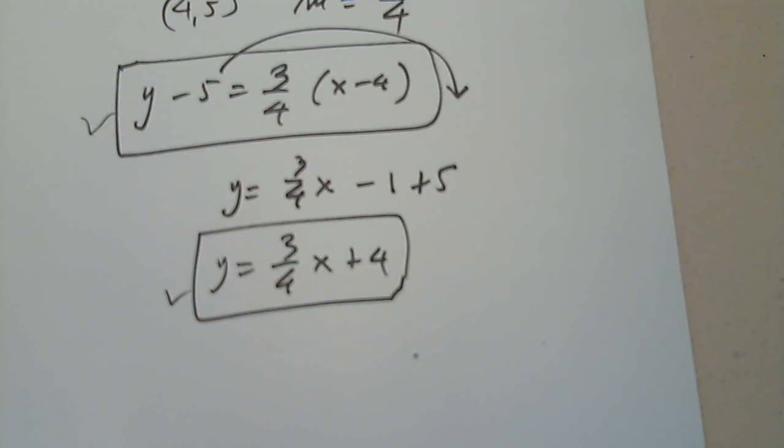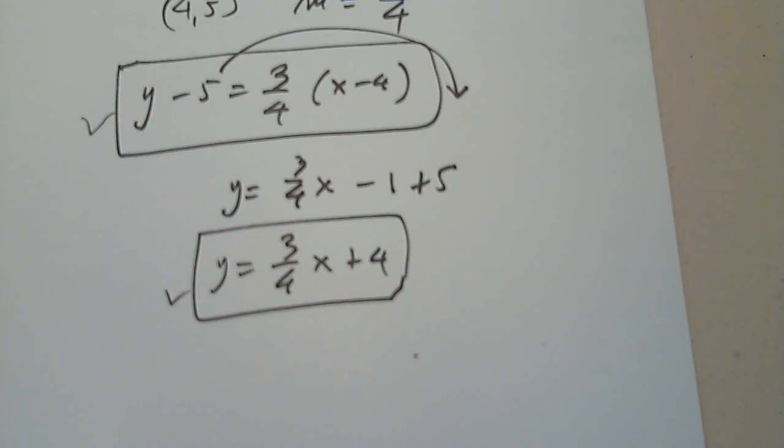I see 4, let me see, 1, 2, 3, 4. I see 4 over 2 with negative. So I see negative 2. So the slope is negative 2. It's 4 divided by 2, but we know it's negative.